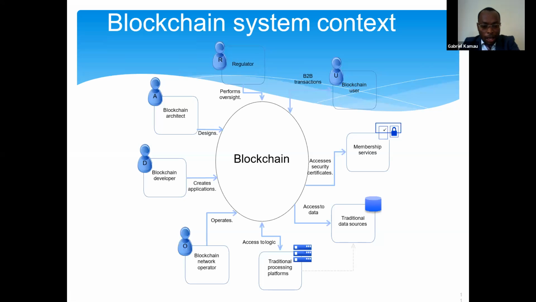Some people don't know what happens in the system, so you need an API, what we refer to as an application, to access that system. Then we have our traditional data sources where we keep our records. Of course, we need to have membership services, and this one is usually manned by the certificate authorities. So we have the technology itself, but different stakeholders.